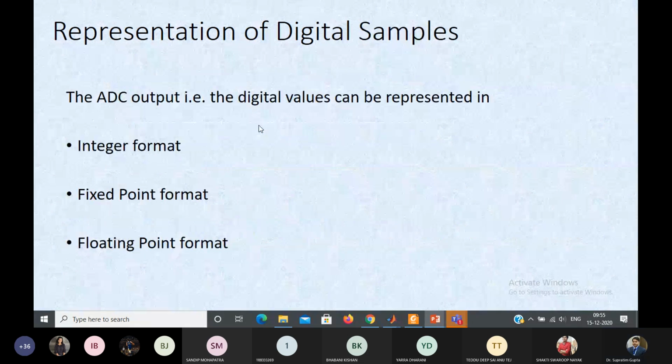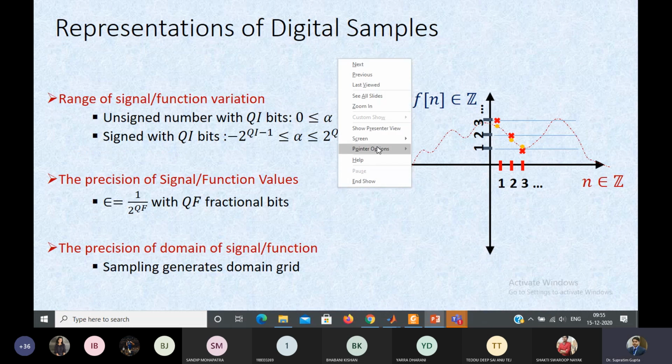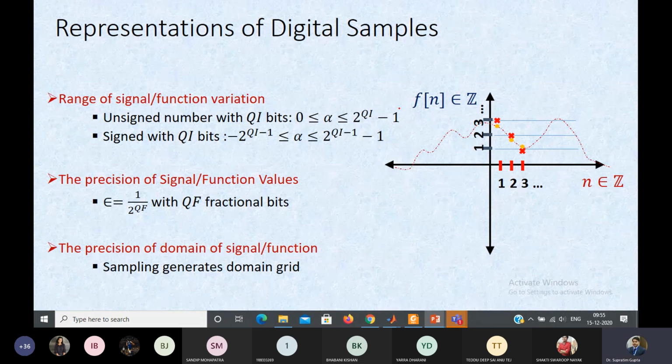Then, if we know the word length, for example in case of an ADC, say ADC 0808, the same thing can be extended for any ADC which has 8 bits. So this word length W is already fixed.